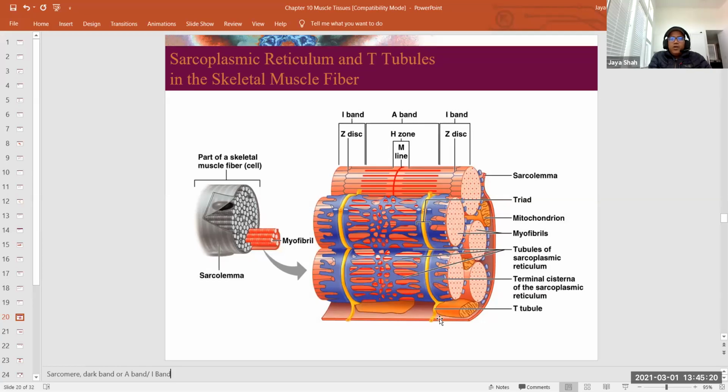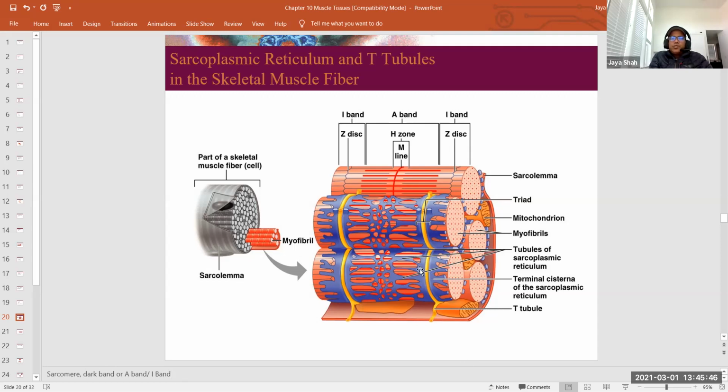When the sarcolemma invaginates, these are called T-tubules of the skeletal muscle. T-tubules transmit electrical impulses from the plasma membrane to around the myofibril.